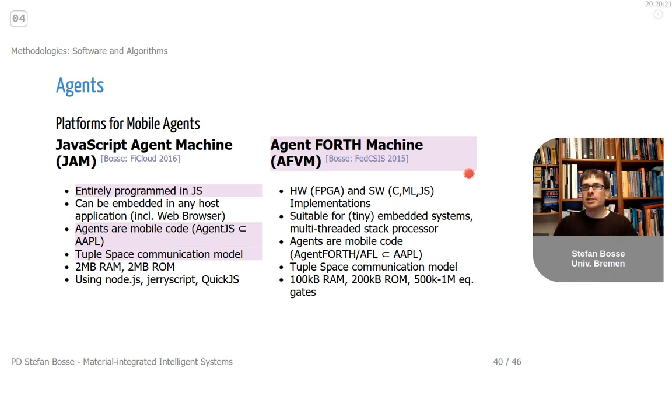Suitable for tiny embedded systems with a multi-threaded stack processor, and agents, again, are mobile code, and the requirements fit to material integrated systems, not to the ARM Cortex M0, but 100 kilobyte RAM, 200 kilobyte ROM, or 1 mega equivalent gates with an FPGA or ASIC design.